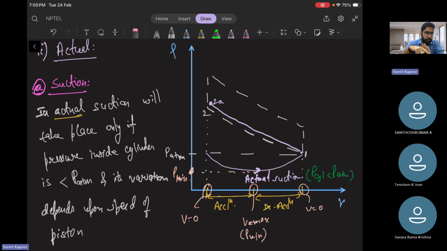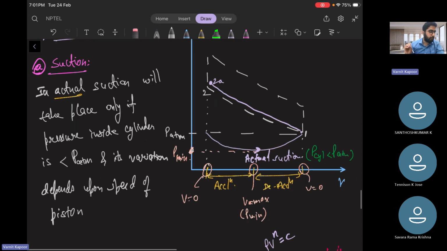Okay, so that, and the change in the volume is in such a way that there is a minimum volume change when the piston has moved from bottom to top, when it is coming near to the top and then coming back to the bottom. Okay, there will be a very minimum volume change. It won't be constant volume, but very minimal volume change will happen.